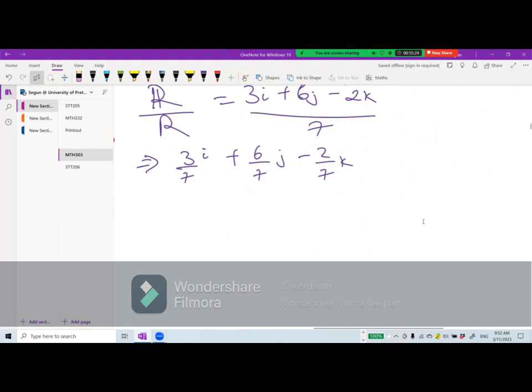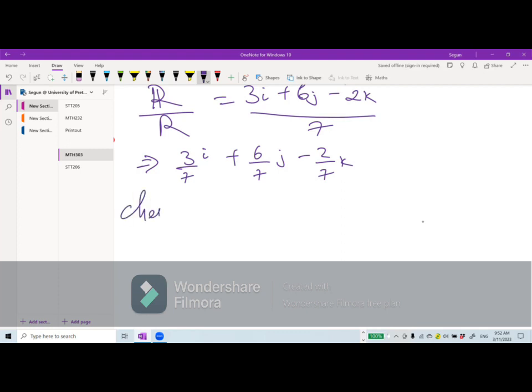And the rule says, if you find the magnitude of this particular result, it must equal 1. So now let's try and see.